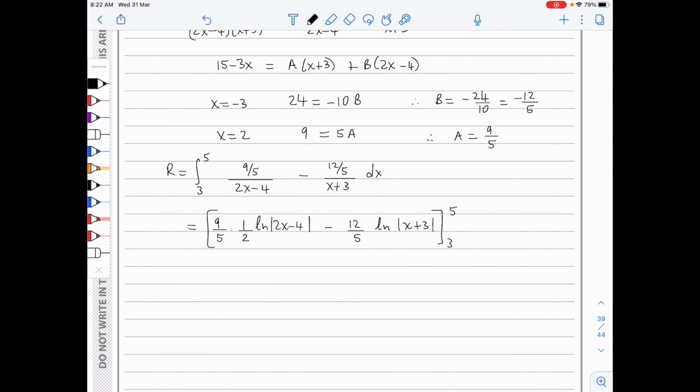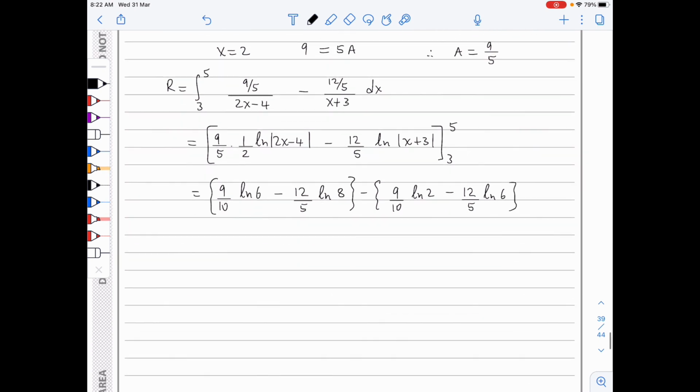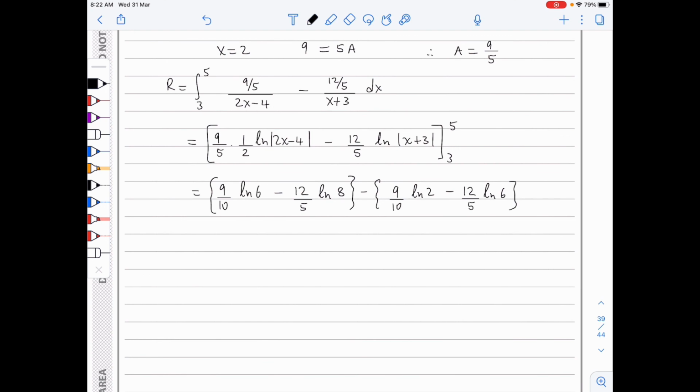So this is giving me 9 over 10 ln of 6 when I substitute 5, minus 12 over 5 ln of 8, and when I substitute the lower limit it's 9 over 10 ln 2 minus 12 over 5 ln 6. Now we need to end up with ln 3s and ln 2s.